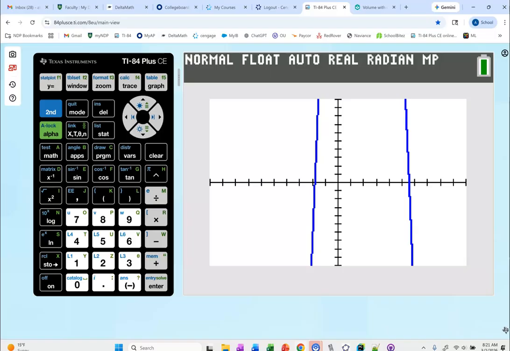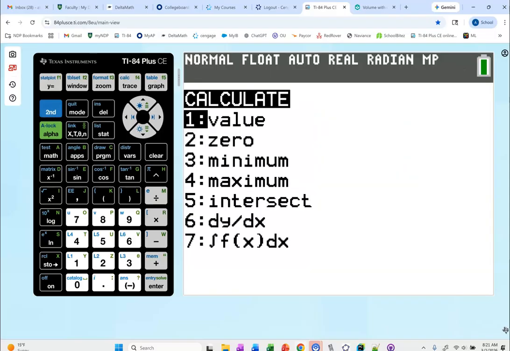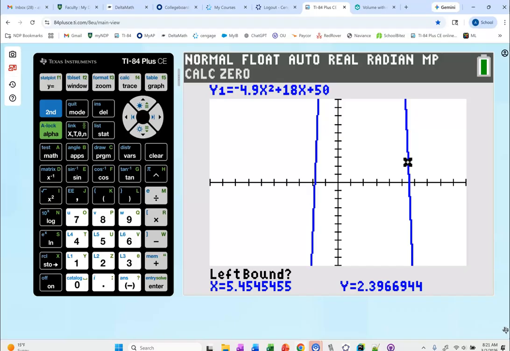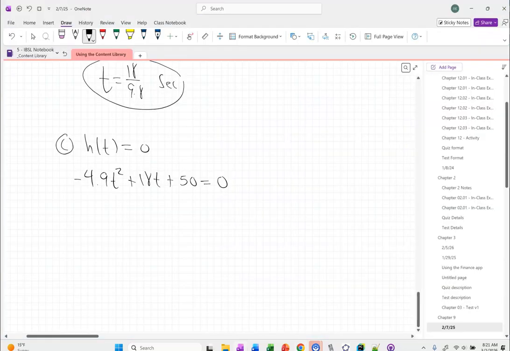So I'm only interested in that answer on the right, so I'll do second trace. I'll pick the zero command, left bound, right bound, guess. So 5.52 is the answer rounded to 3 sig figs. But that's not what the question is asking me for, right?